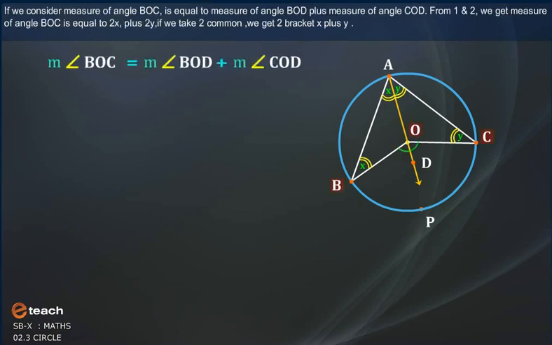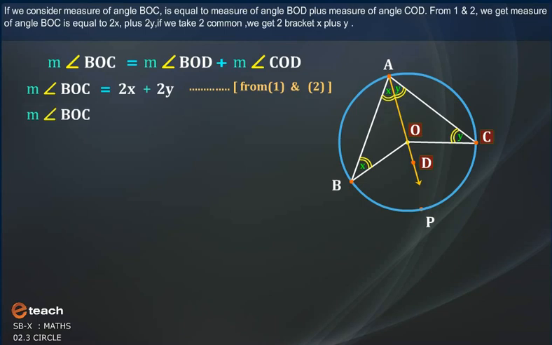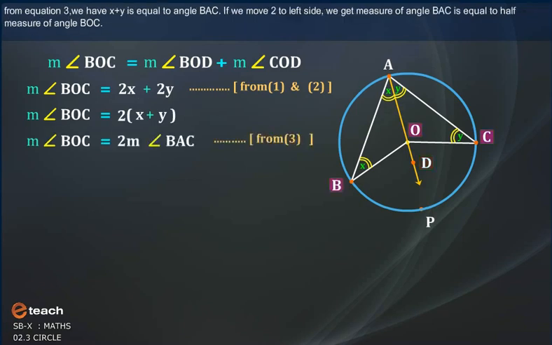If we consider measure of angle BOC is equal to measure of angle BOD plus measure of angle COD, from 1 and 2, we get measure of angle BOC is equal to 2x plus 2y. If we take 2 common, we get 2 into bracket x plus y. From equation 3, we have x plus y is equal to angle BAC.